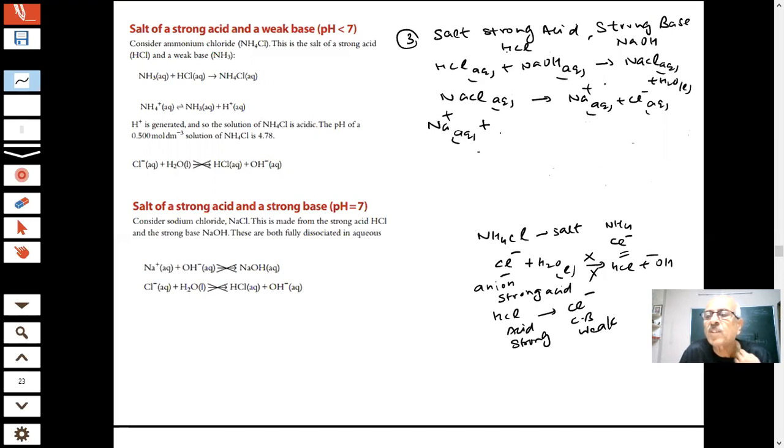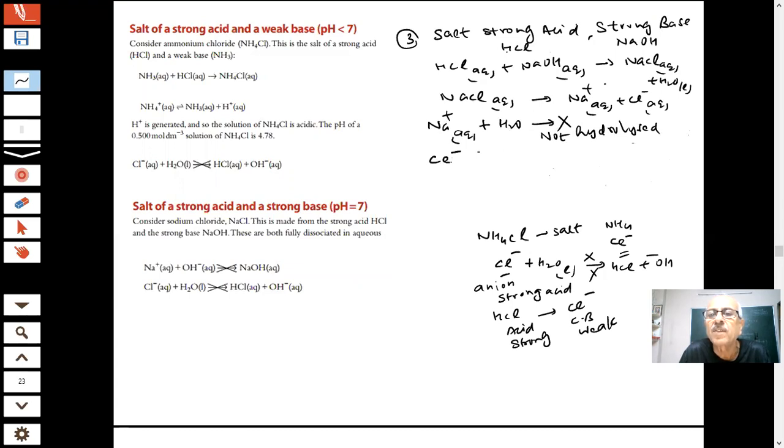If it reacts with water and forms NaOH, what will happen? It is not going to be hydrolyzed. This is only a spectator ion. Not hydrolyzed, student, because it is coming from a strong base.